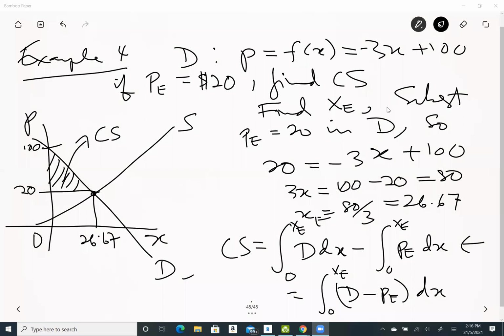Alright, good. So you have the consumer surplus equal to this thing. You have the demand function, and then you have the equilibrium price. So I want you to put in the functions, and then get the integral and see what is the solution. All right, do it now. Put in the formula.